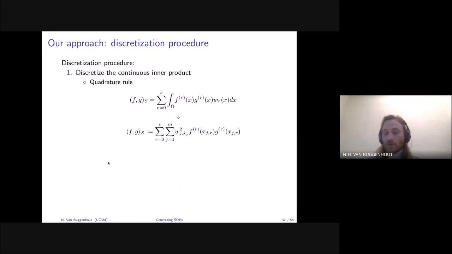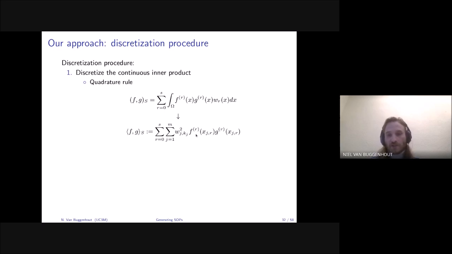Okay, so our approach here in the Sobolev case is very similar to the previous, to the orthogonal polynomials. What we're going to do is discretize a continuous inner product using some quadrature rule. In general, what we have is this sum over different derivatives of our f and g, and we will discretize this with some quadrature rules.